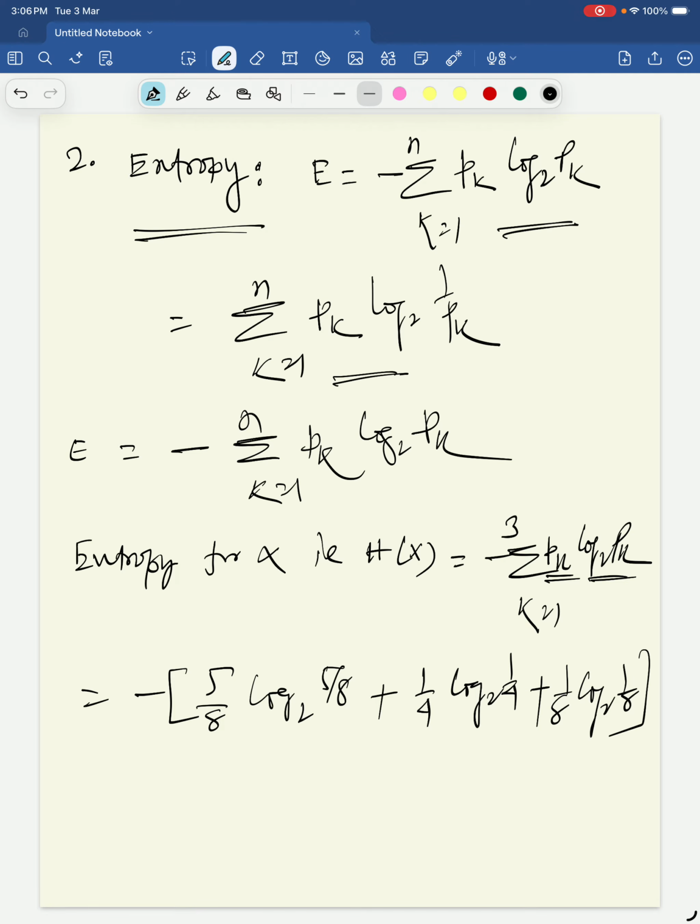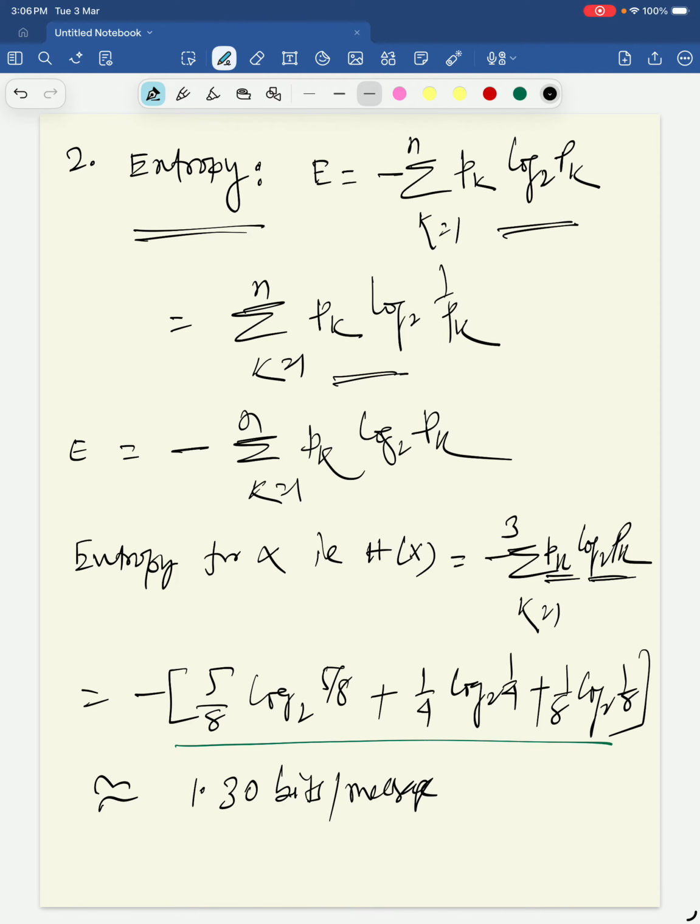Now if we calculate it using a calculator, you may calculate, it will give you 1.30 bits per message.